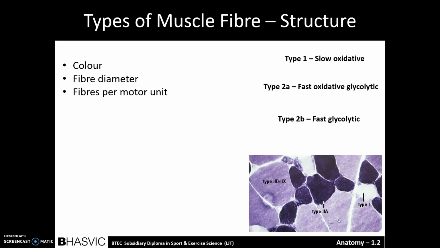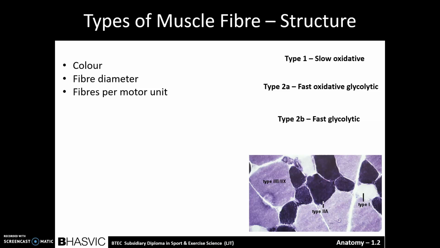In the slow oxidative muscle fiber, there are actually very few muscle fibers per motor unit. So the motor unit is each motor neuron and how many muscle fibers that motor neuron is connected to.